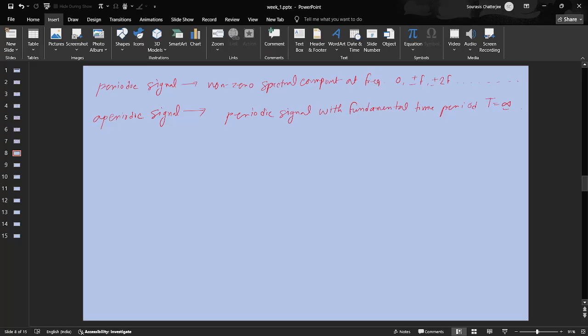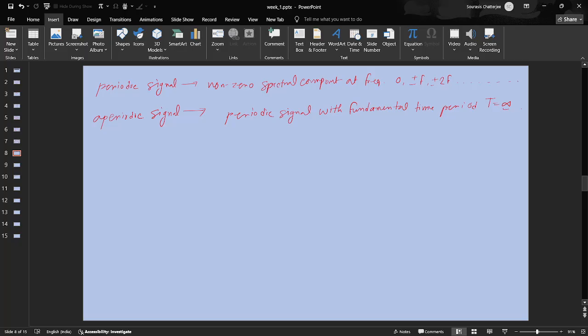Just go through that statement once and tell me what you think of it. Do you think it's a correct way to write that, or is there any error there? So can I say that an aperiodic signal is nothing but a periodic signal with time period T as infinite?